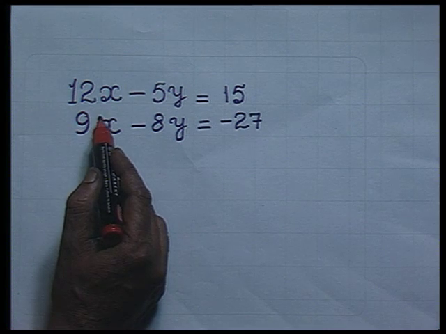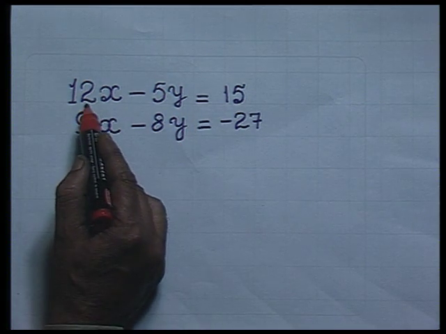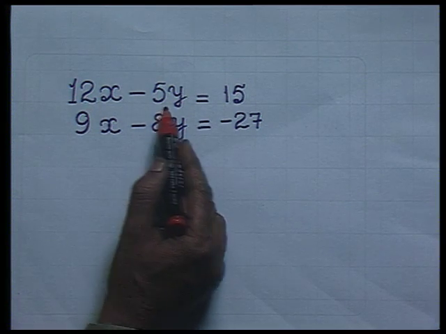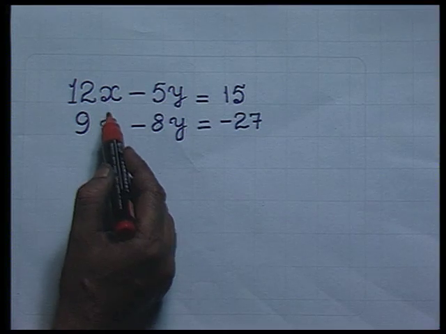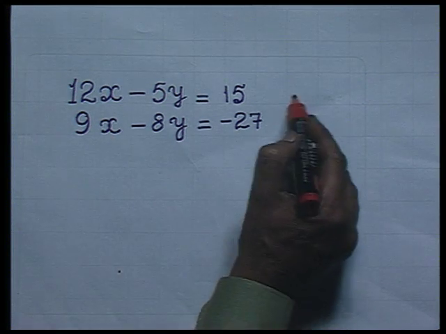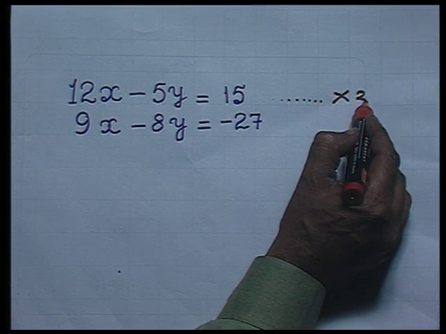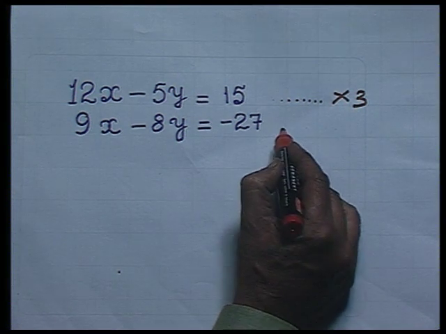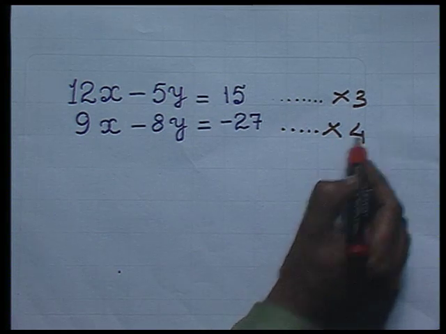Here I decide to find the value of y first. So the first equation is 12x minus 5y equals 15 and the second is 9x minus 8y equals minus 27. For that I will have to make the coefficients of x the same. I will multiply the first equation by 3 and the second equation by 4.